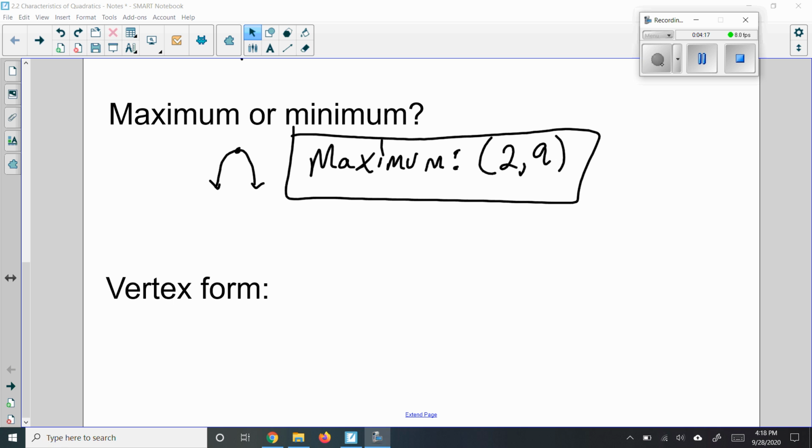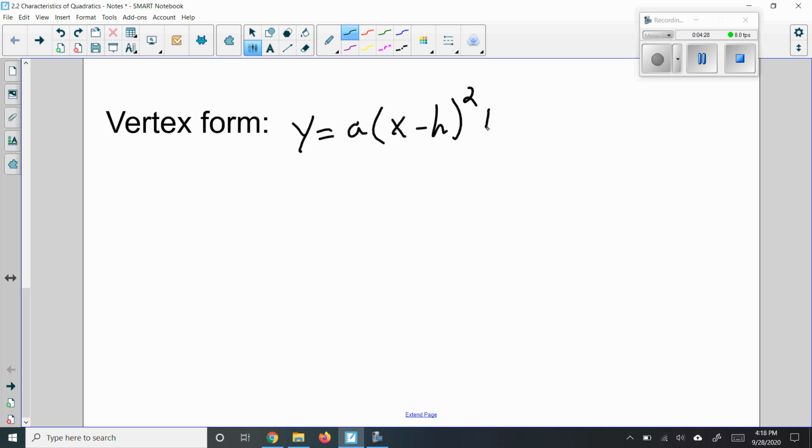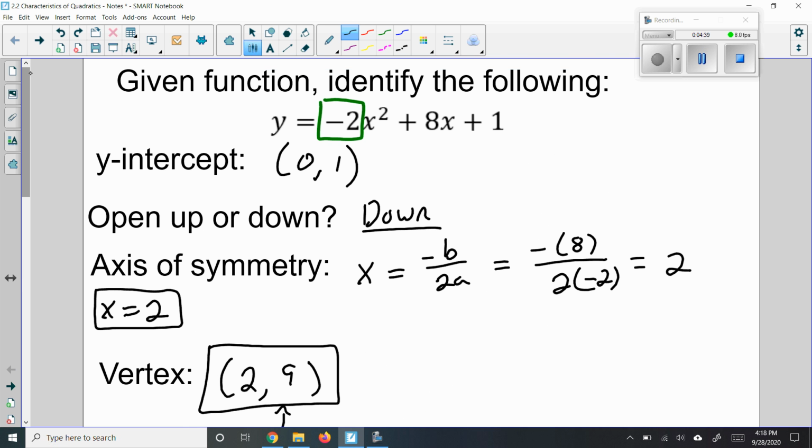Now lastly, let's write this in vertex form. Now recall, vertex form is y equals a times x minus h squared plus k, where h and k are the vertex. All right, so y equals, well, what is a? A was the leading coefficient, negative 2.